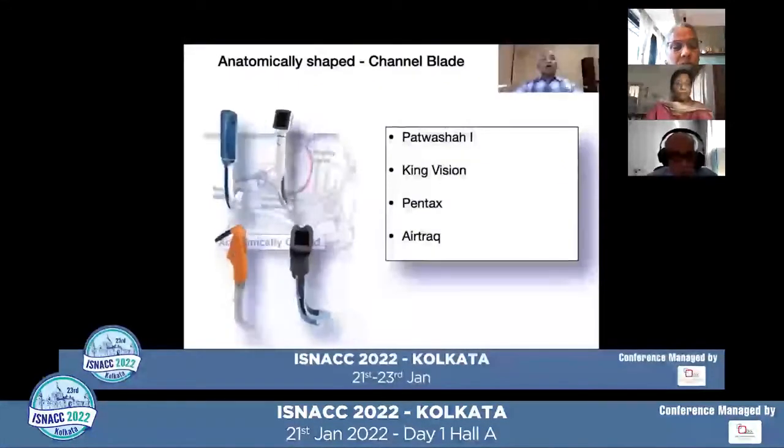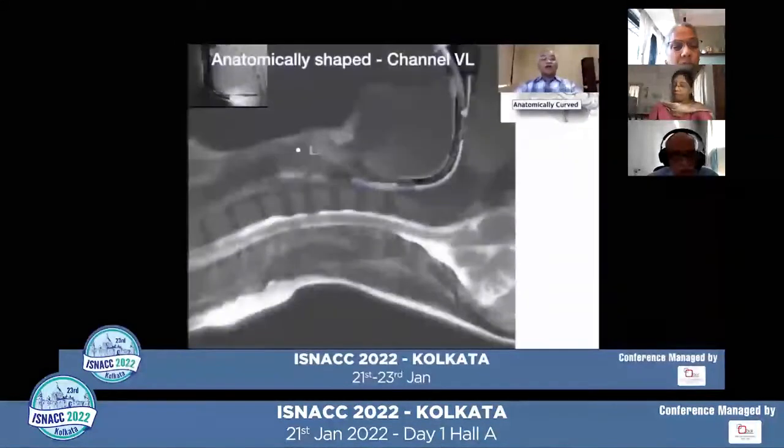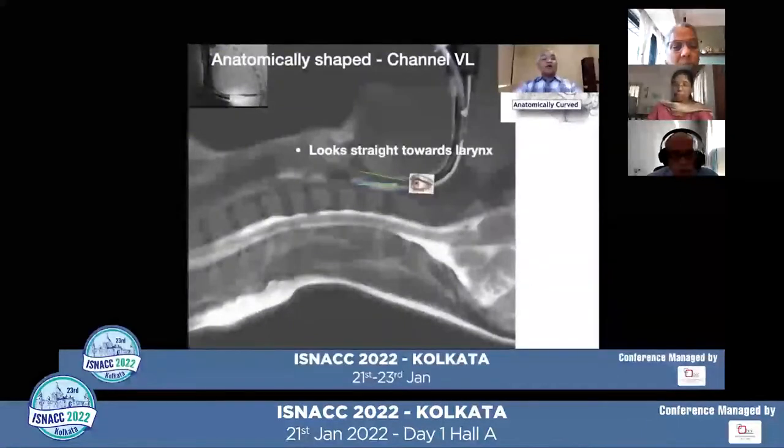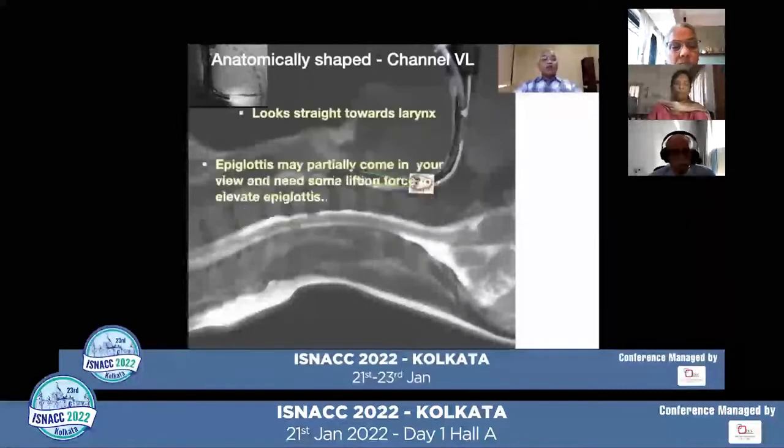Now, anatomically shaped channel video laryngoscopes, as already discussed, look straight and the tip is not pointing towards the vallecula, it is pointing towards the laryngeal opening. So the epiglottis may come into your view and you need some lifting force to elevate the epiglottis.